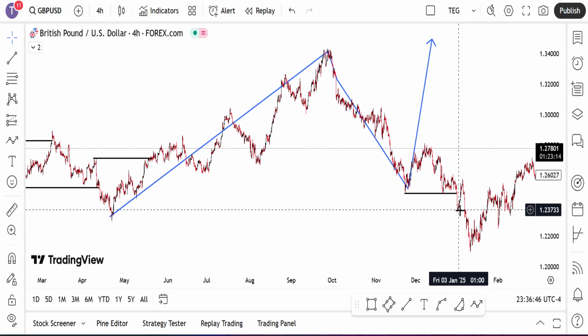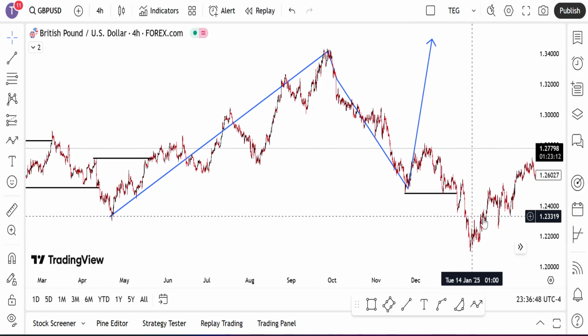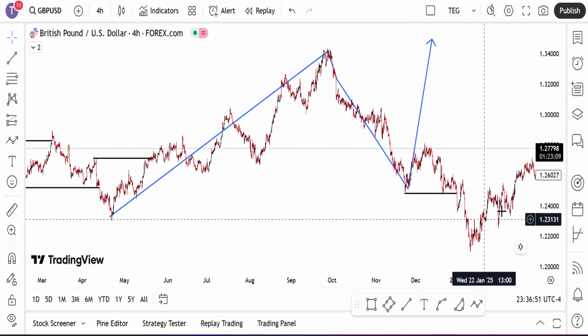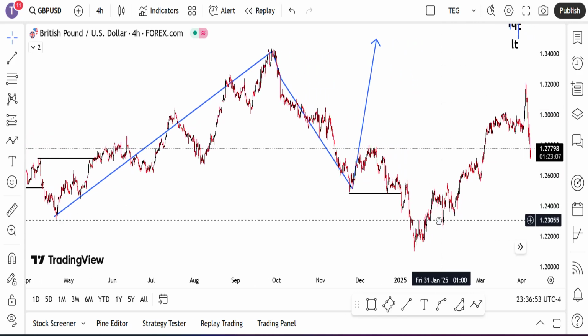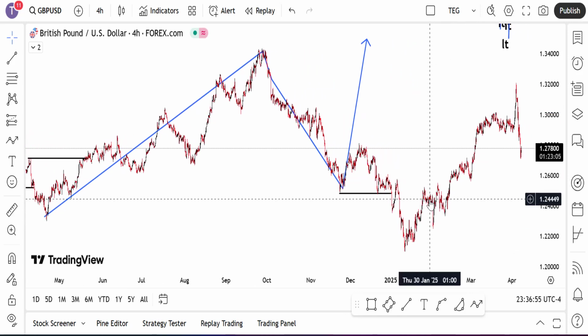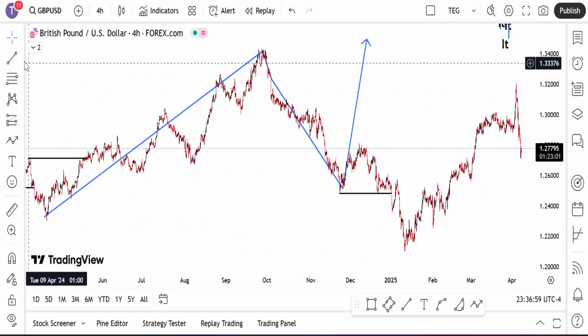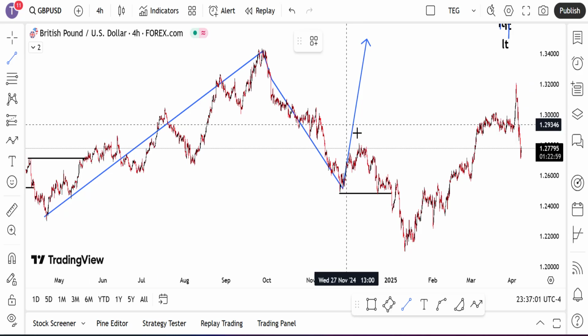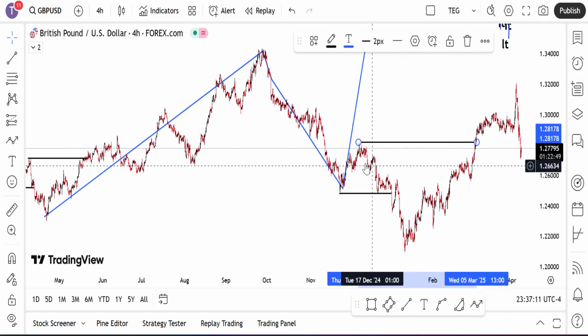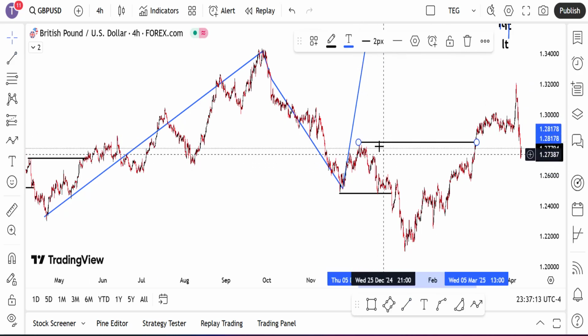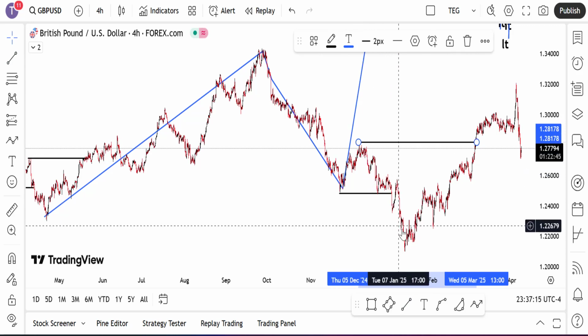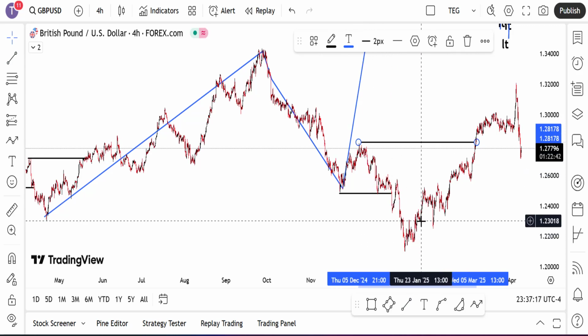The intermittent swings are structure, left and right. So we have a continuation structure shift. So do you see how it plays out? It's very simple and straight to the point. Price just takes out our long-term swing highs. So this is what I'm trying to say.